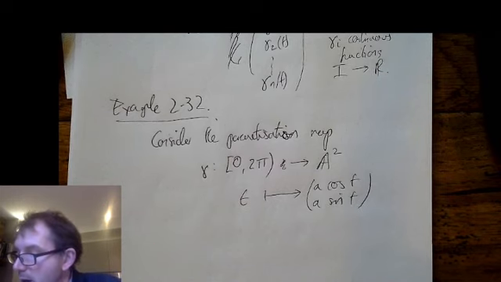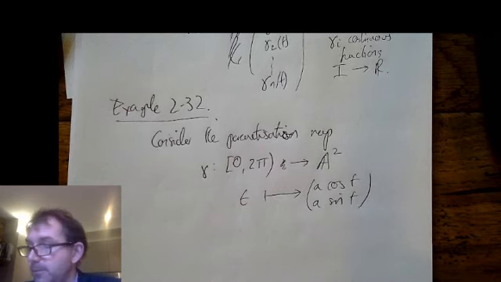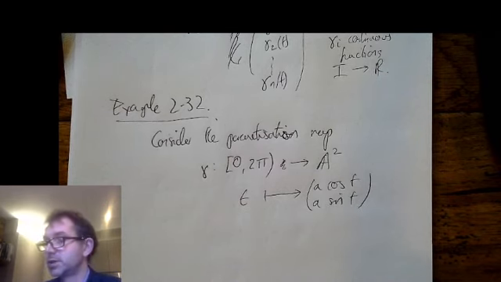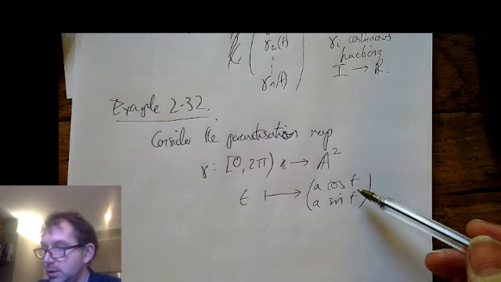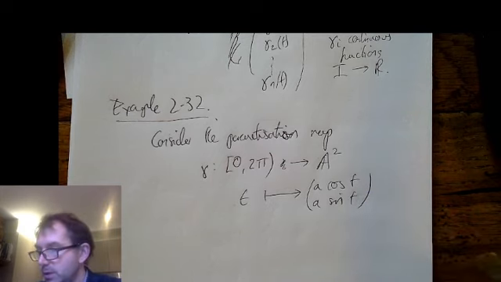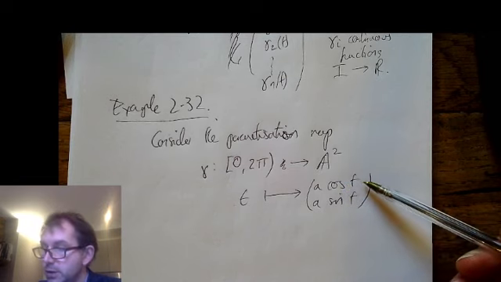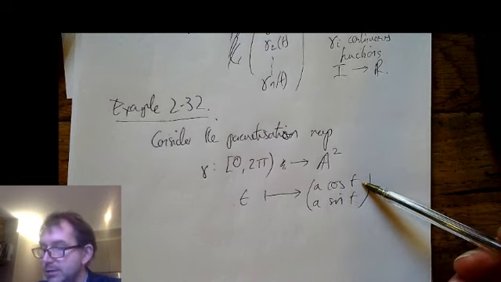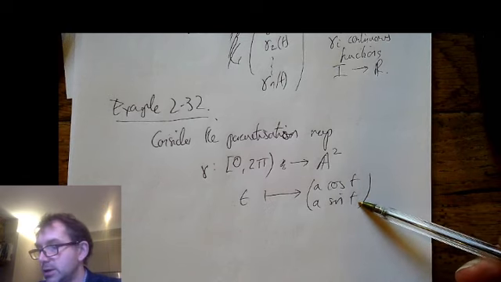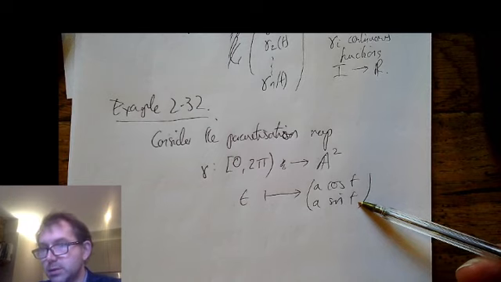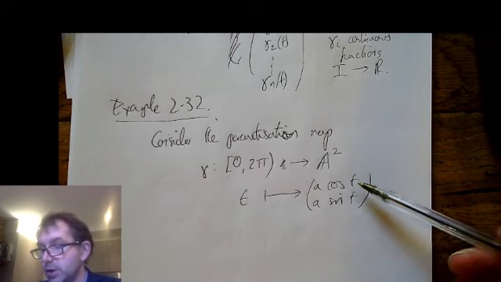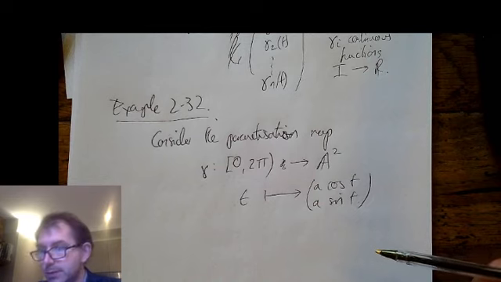Right. What curve do we get from such a parameterization map? Well, whenever you see cos and sine, you've always got to think about circles. And you'll notice, of course, that if you square the first coordinate and square the second coordinate and add the two things together, you get a constant number, because cos squared plus sine squared is 1, and so you get the constant number a squared.